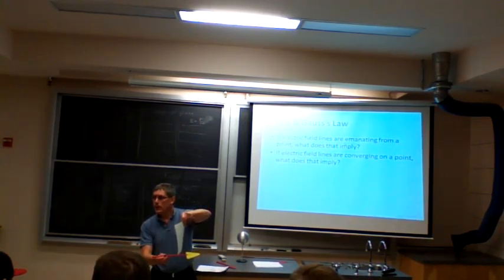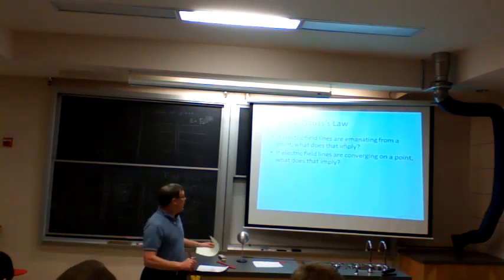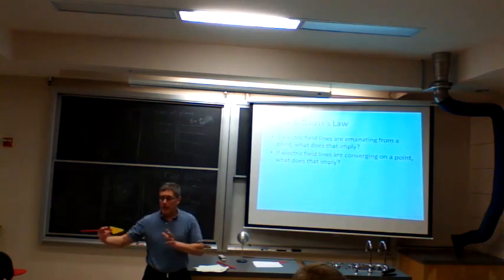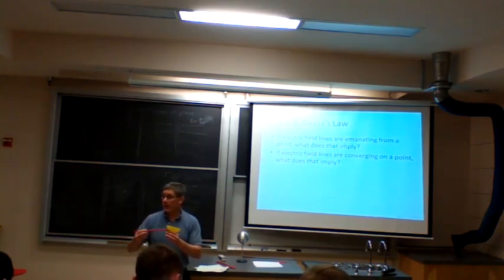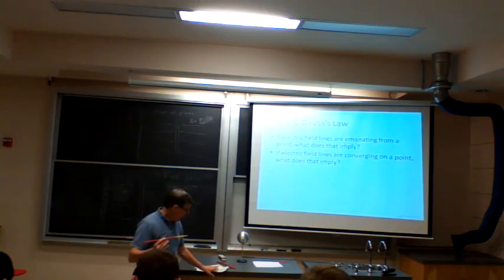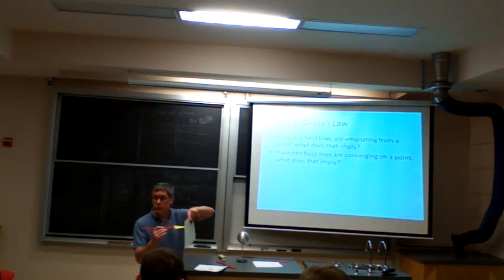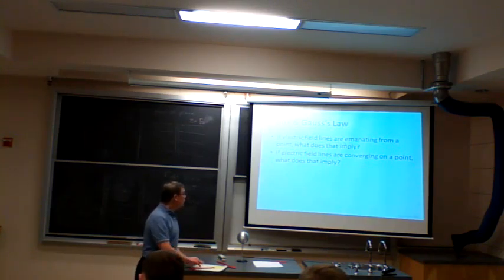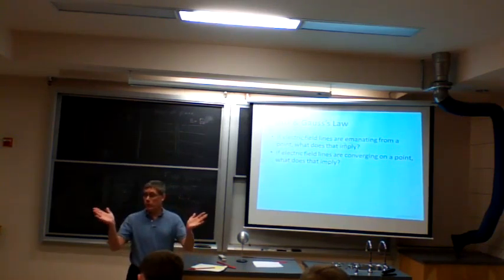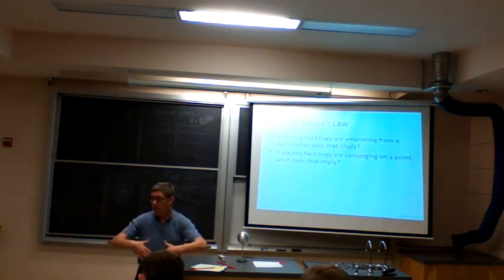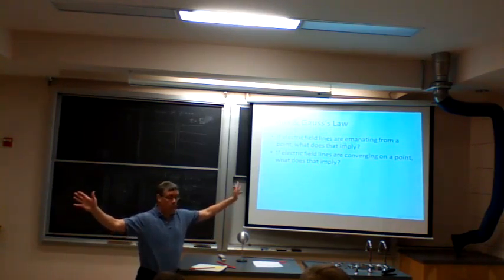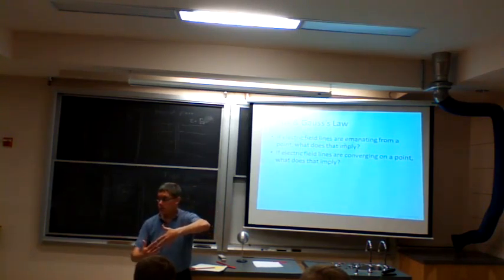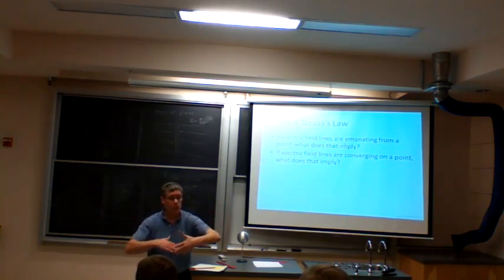It's going to be important when we calculate the amount of field going through a surface, to figure out the direction of the field and the orientation of the surface. So we're deciding whether field lines are converging on a point or diverging from a point or volume of space. We need to know the orientation of the surface relative to the orientation of the field.